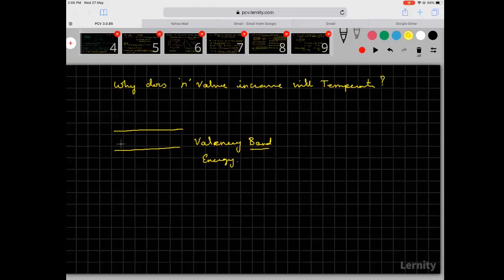Okay, now these are the valency electrons. Now in conductors, there is another band which is called the conduction band, and there is an overlap in conductors.